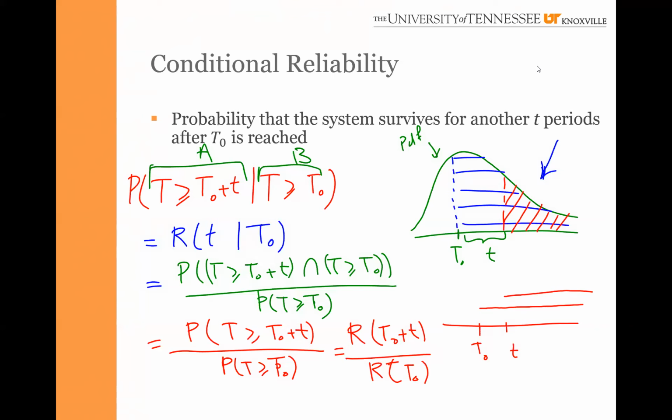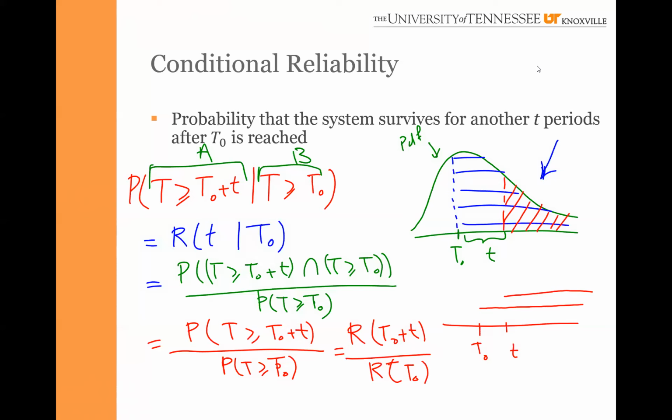So it's kind of analogous to our Venn diagram, where we had A and B, and we said, oh, conditional on B, okay, I'm going to slice B, throw everything out, and only look at A over B, right? A intersection B over B. So it's the same thing. If I'm interested in the probability that my time to failure is greater than or equal to T0, I'm scaling everything to that. It's kind of analogous if you have that other image in your head. So this is the conditional reliability.